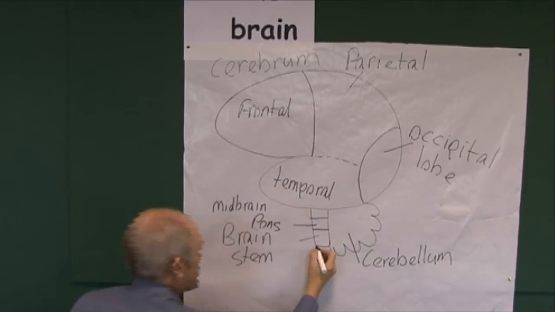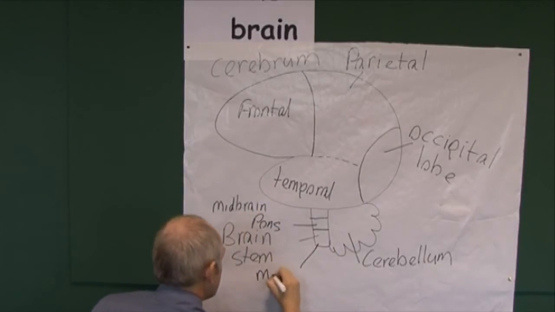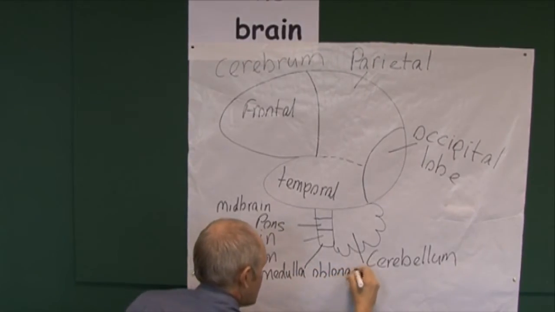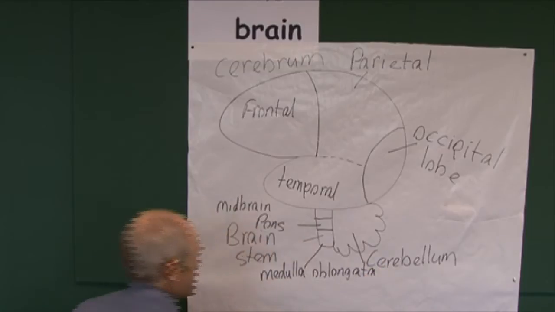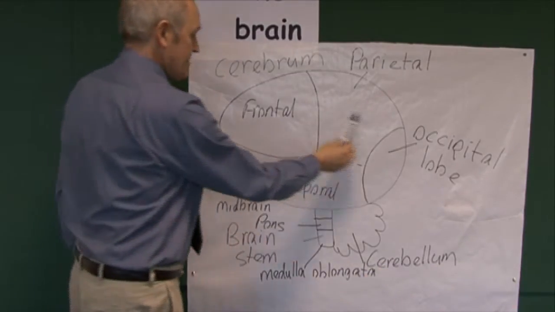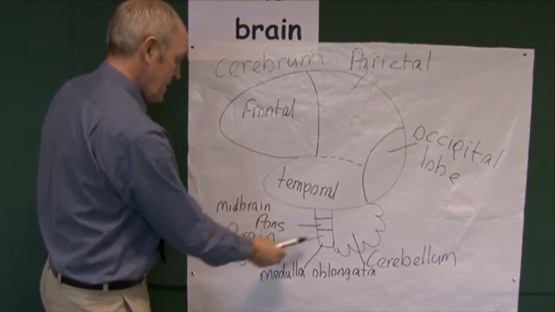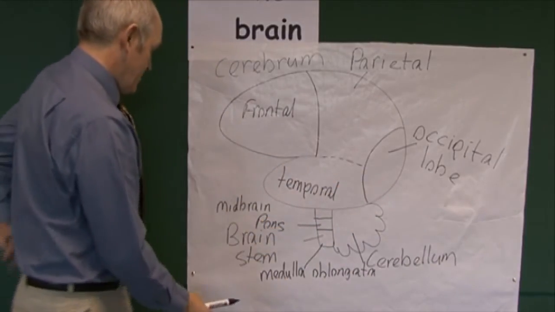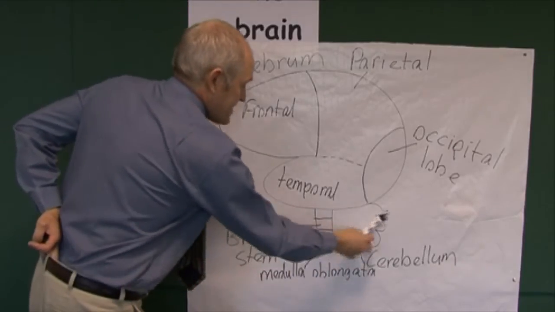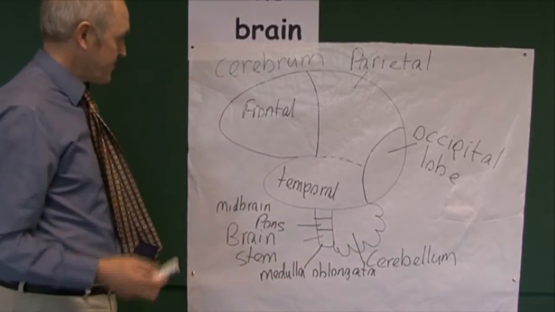And the lower part is the medulla oblongata, often just called the medulla. So frontal, parietal, occipital, temporal, brain stem divided into midbrain, pons and medulla oblongata, and then the cerebellum behind.